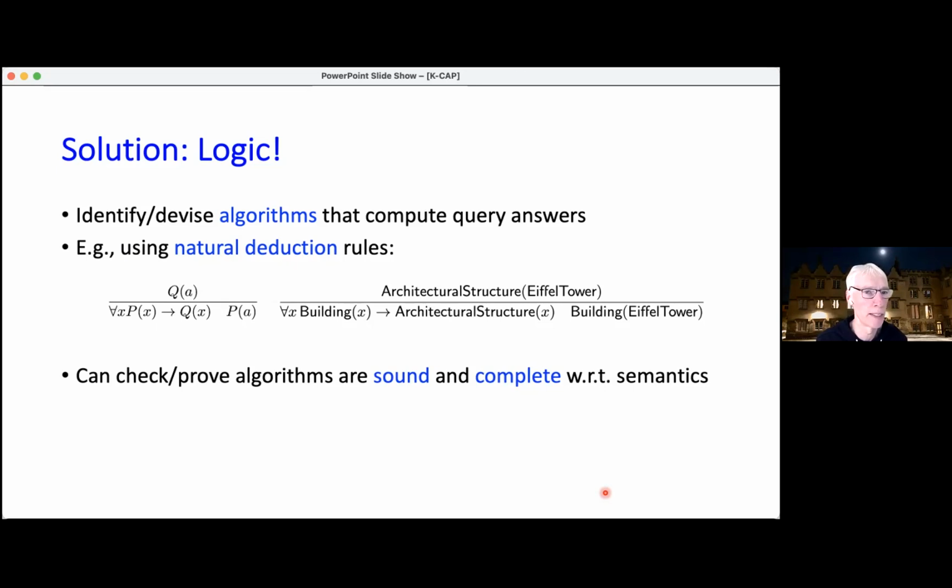For example, we might decide to use natural deduction rules, and I could use this rule here to compute this entailment that the Eiffel Tower is an architectural structure. And if we're lucky, the people who design these algorithms have even given proofs that they do what they're supposed to do, so we can be reasonably confident that we can implement them and we'll have at least a correct system.